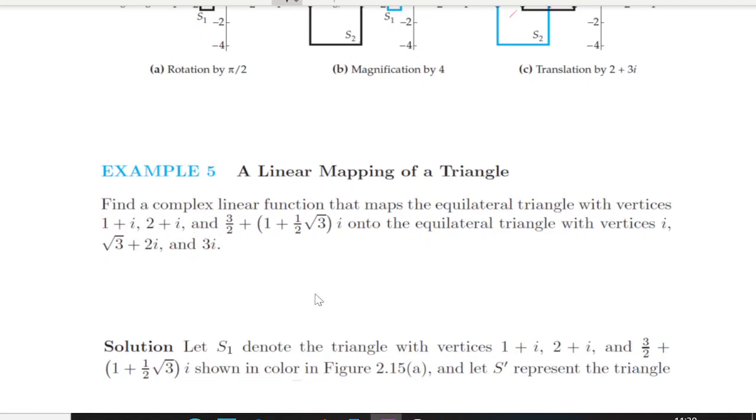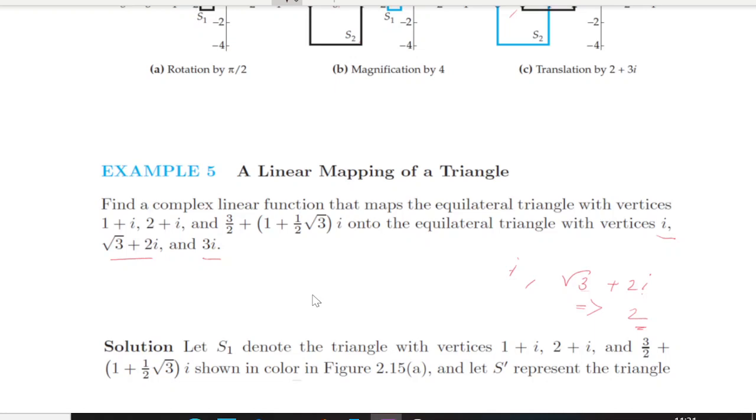So we take any two vertices of the required triangle, i and root 3 plus 2i. You find the distance, and you will get it as 2, because this square plus this square, right? You will get 2 itself, so like that you can easily find these.